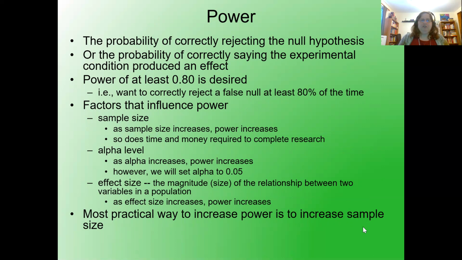As sample size increases, power increases. However, so does the time and money required to complete the research. So in general, it would be nice to have a really, really large sample size, all right, especially considering that you're not actually going to recruit any real participants for your study, right?